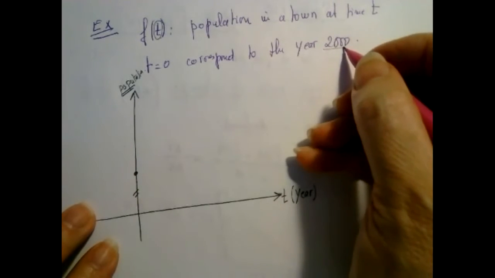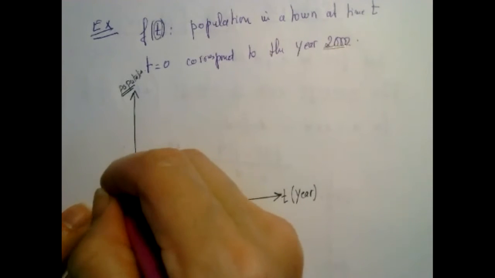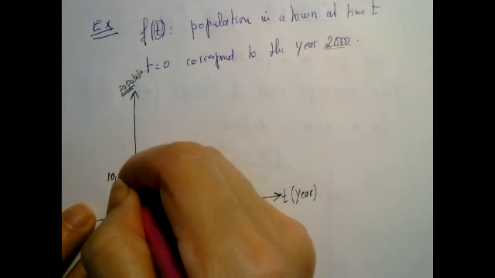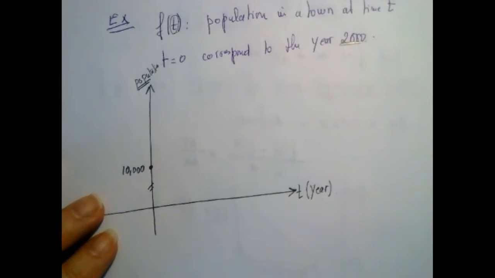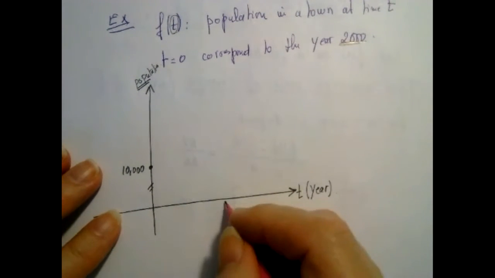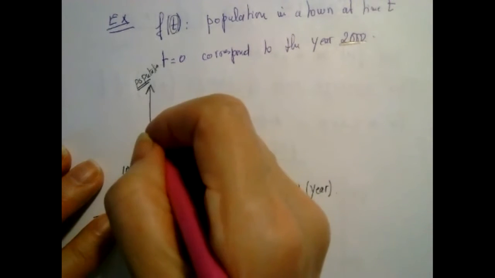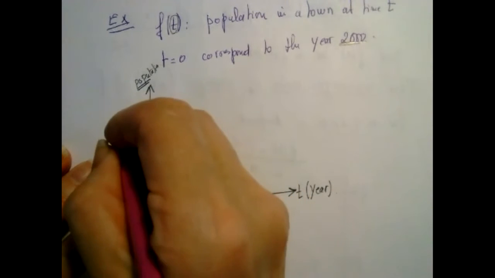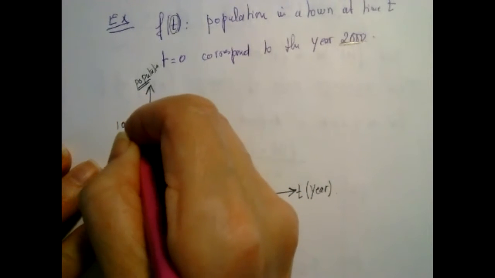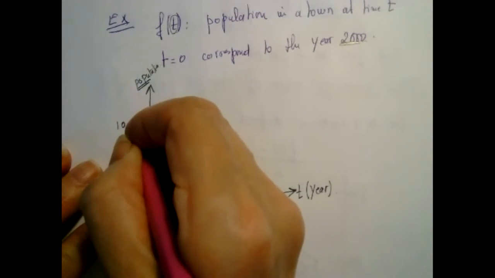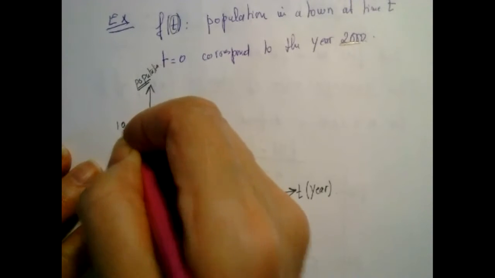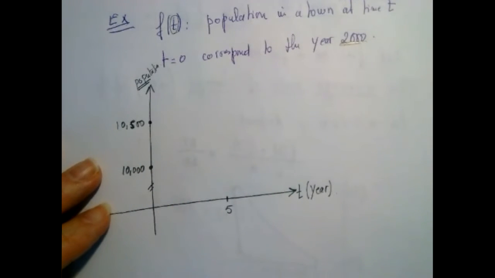Initially at t equal to 0, which means the year 2000, we had 10,000 people. And let us say after 5 years, the population grew to 10,500. I'm taking simple numbers in this problem.